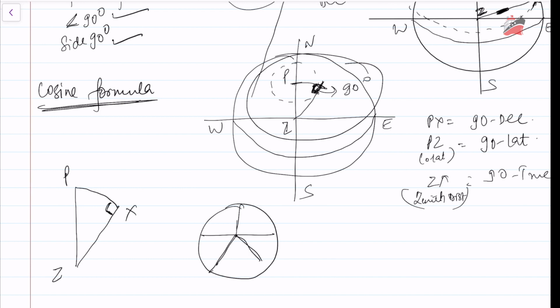Since angle X is 90, you write angle X as 90, and you write the sides adjacent to angle X in the first two parts of the circle. So that will be PX and ZX. You can write it either way, no issues.